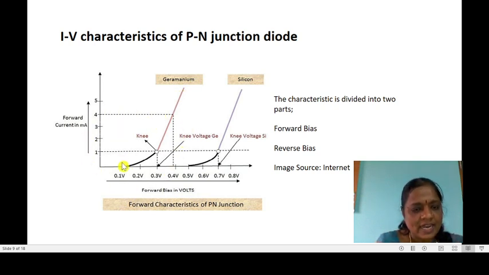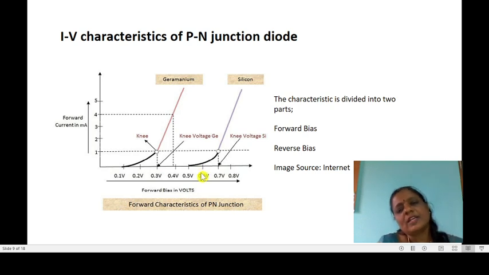This shows that during forward bias the diode starts conducting and gives you the output current. Another point to remember: this is about germanium. When the diode is germanium, the knee voltage, after which the diode starts conducting, is 0.3 volts.